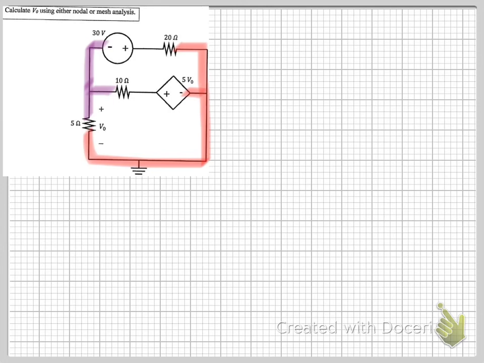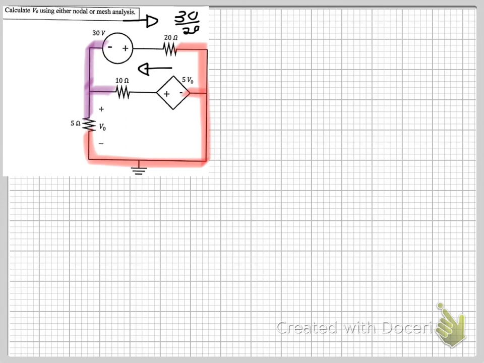So to use the nodal, we are going to have to source transform these into our current sources. So that will be a current source of 30 over 20. And here, oh, this one is in the opposite direction.